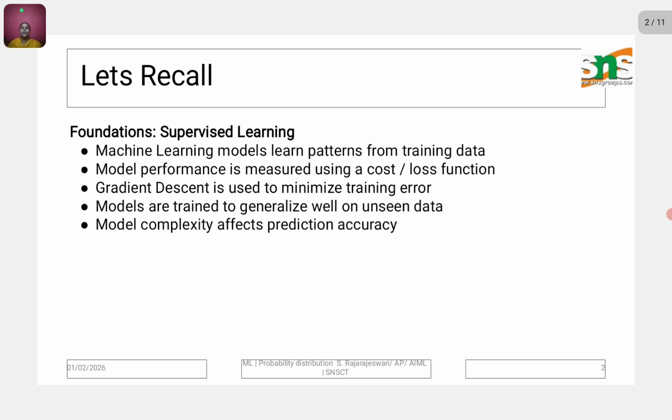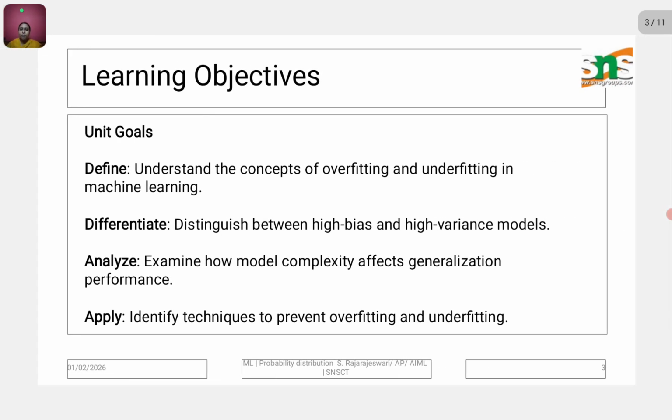Model performance is measured by using cost and loss functions, and gradient descent is used to minimize the training error. Models are trained to generalize well on unseen data, and model complexity affects the prediction accuracy. So this is the basic idea of supervised learning.